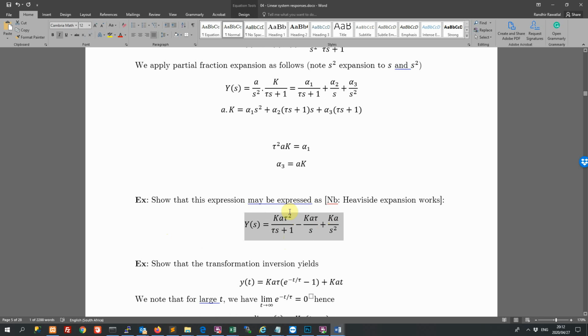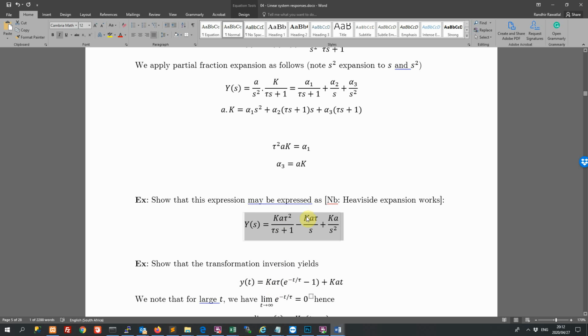And if we look at this, we regard Ka tau squared, those are all constants, and then you've got 1 over tau s plus 1. So that's the first order Laplace representation. And so that's e to the minus t over tau, and so you can see that here.